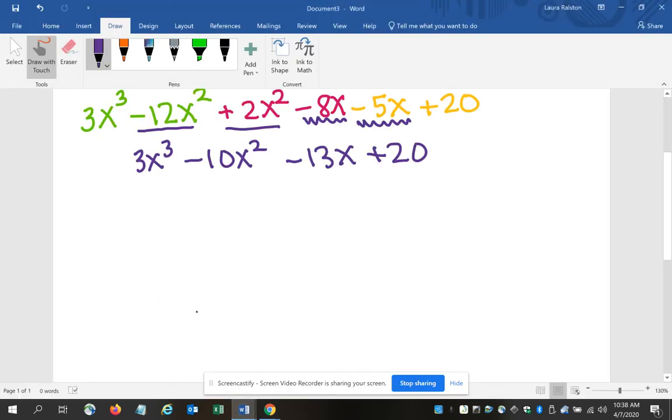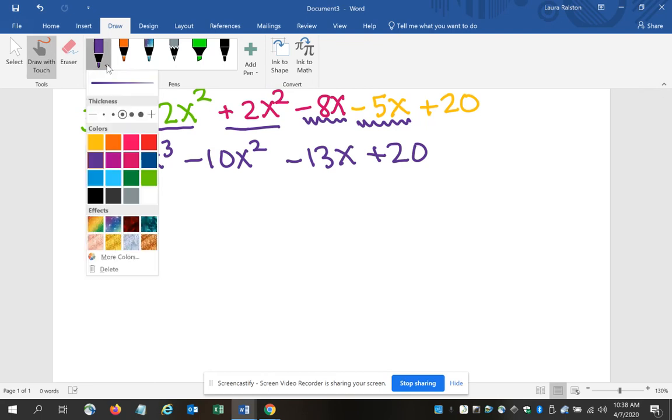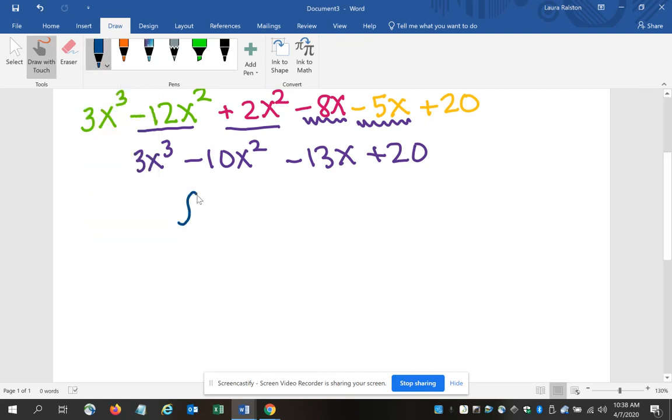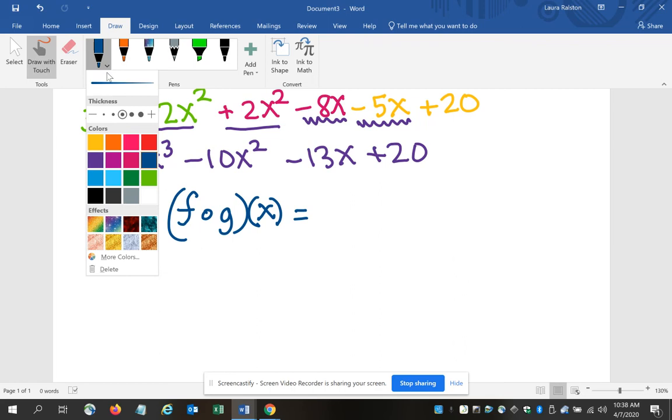Going back out and looking at question 8, we want to do f composed with g at x. Now remember, this is a different concept than just adding, subtracting, or multiplying.